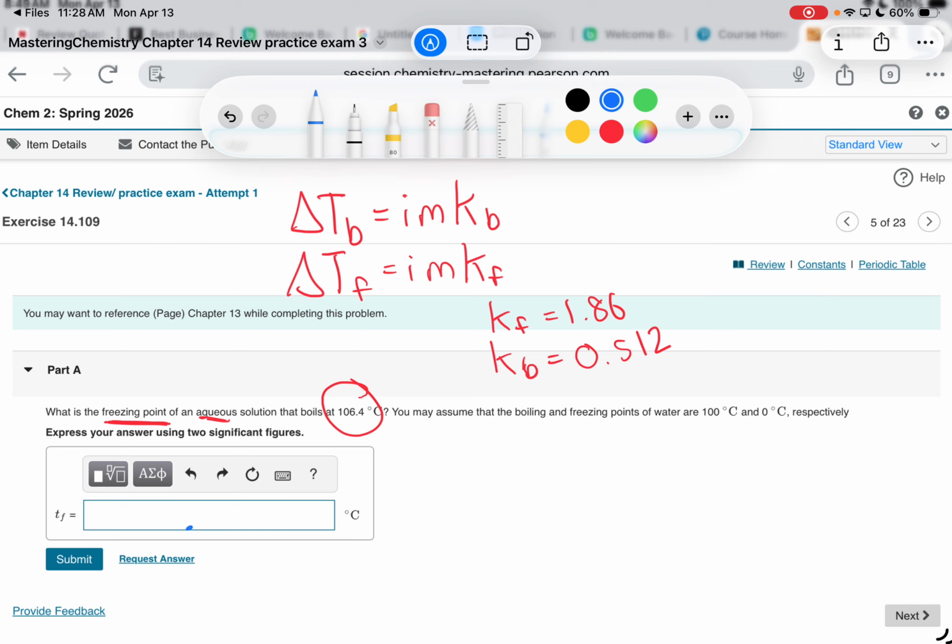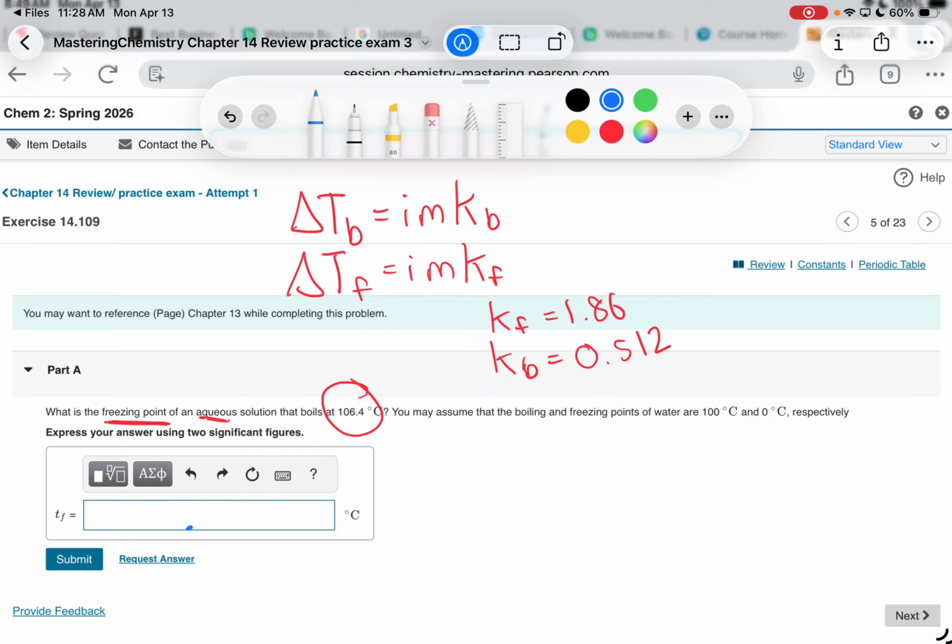So the two equations we use are really similar. Some of the practice exam problems, like this one, will ask you a question, but then they don't give you the constants. They're assuming you're not doing this as a test, you're doing it as an assignment. So they're like, well, you can go look up the constants. Obviously, I'm going to give you the constants in the question. So there's the KF and KB. Remember, boiling point increases and freezing point decreases.